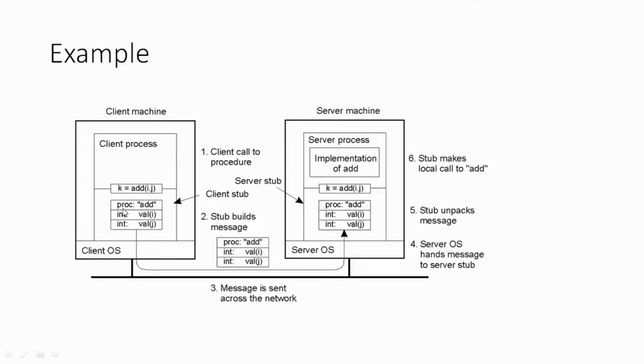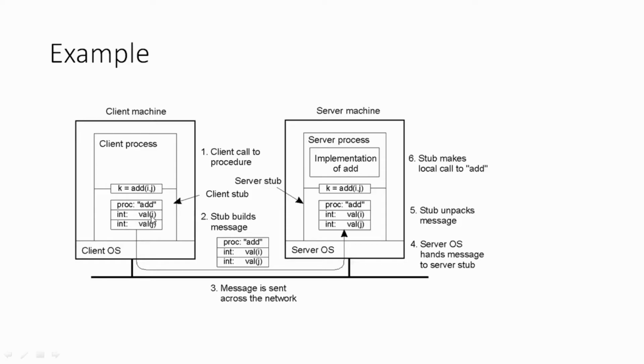Here all these are parameters: procedure add, int value of i, int value of j. The statement k = add(i, j) adds the two numbers i and j. This procedure call is divided into parameters in the client stub.